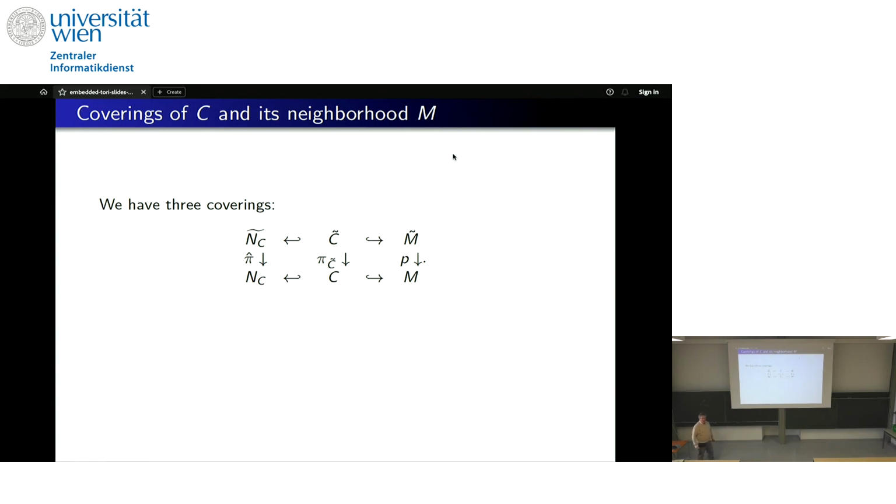Now we are starting to play our game. There is some geometric setting to state, and from that I will translate the problem into a dynamical problem. We have C, and there is a covering. There are several coverings, but I will take a special one. You have the embedding into that one and the embedding of C into the normal bundle, and you take the covering map of all of them.